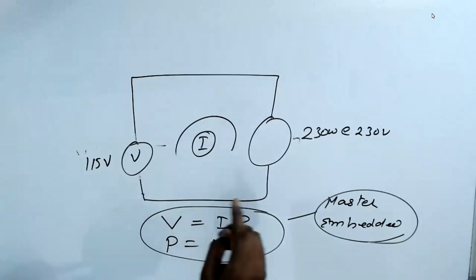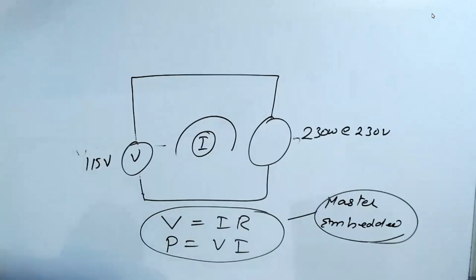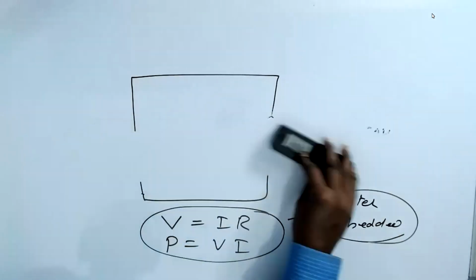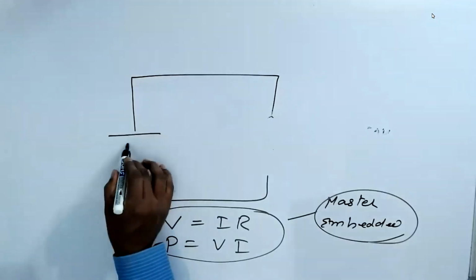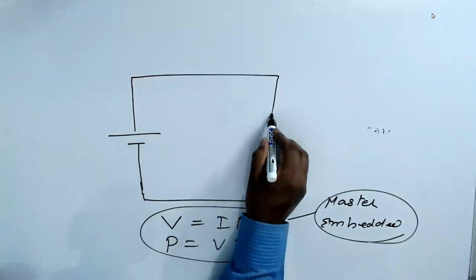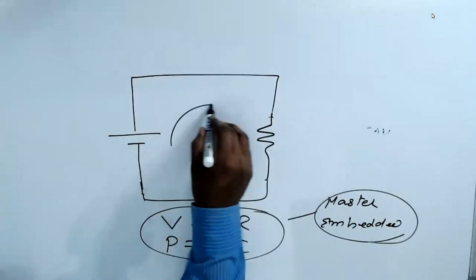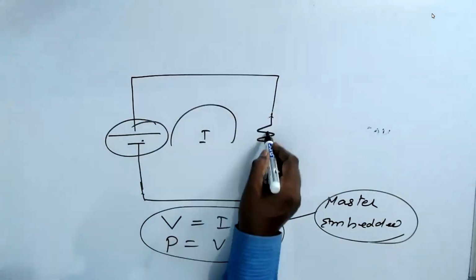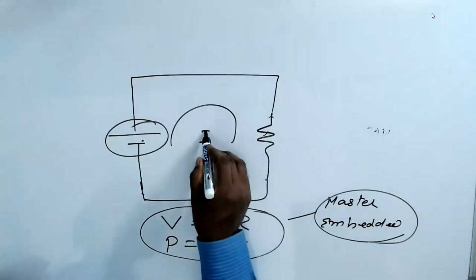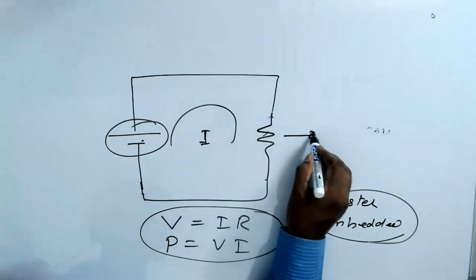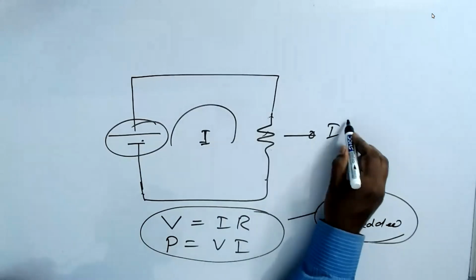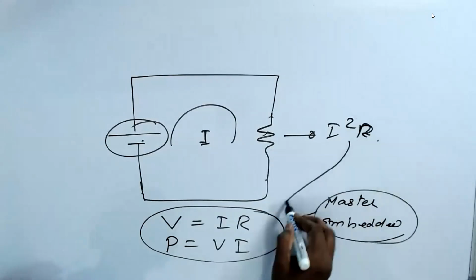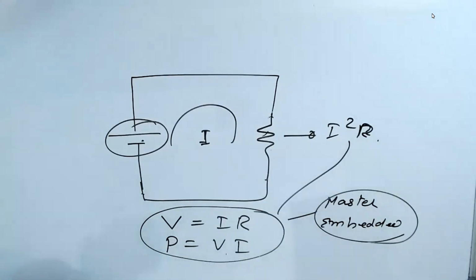Please understand there are only three things: voltage, resistance, and current. The voltage is responsible to produce the current, but the current is the one giving you the power, I square R. That is most important. Actually, I square R is the one which gets converted to P is equal to VI.